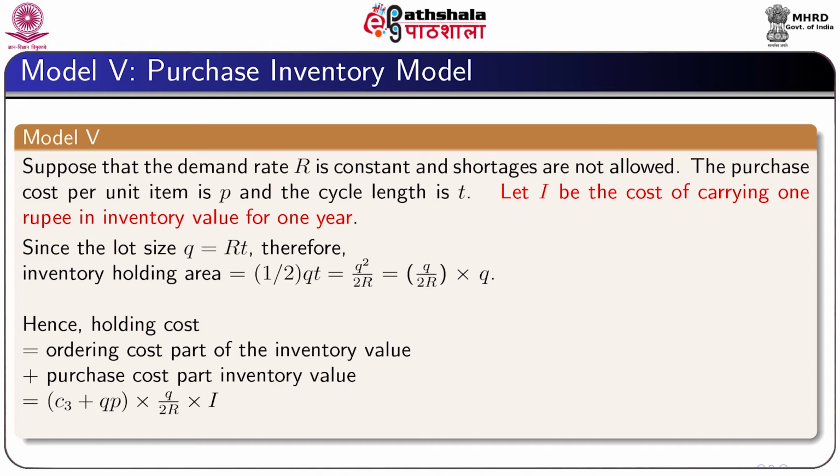Hence, the holding cost can be obtained as the ordering cost part of the inventory value plus purchase cost part of the inventory value. So, since for one lot size Q we need C3 as the ordering cost and QP as the purchase cost, the total holding cost would be C3 plus QP whole into Q by twice R into I.